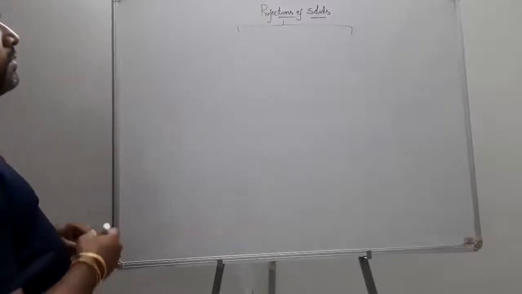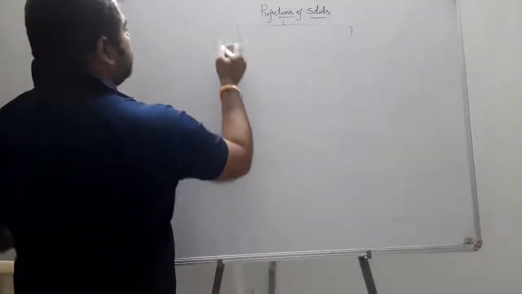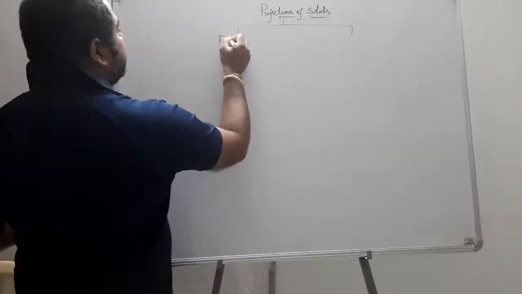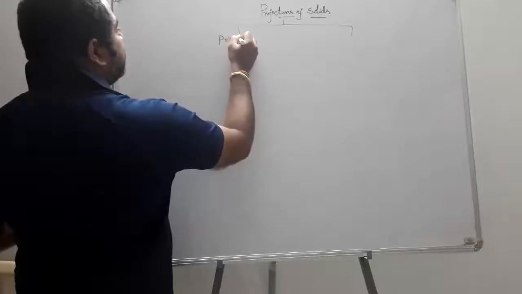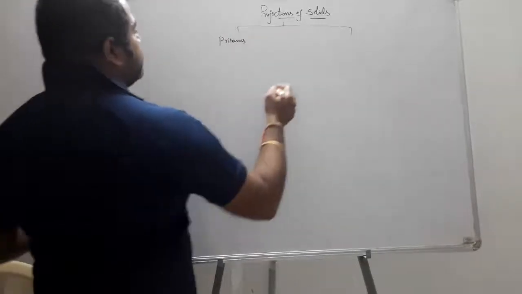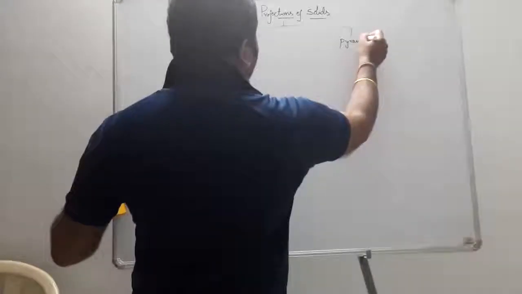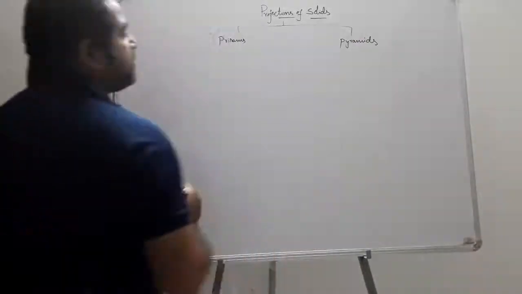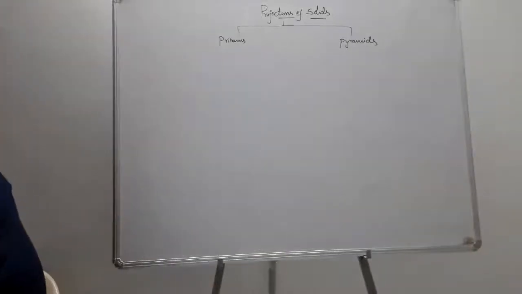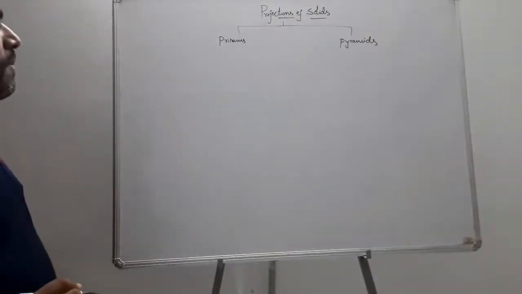What are they? Solids are mainly classified into prisms and pyramids.